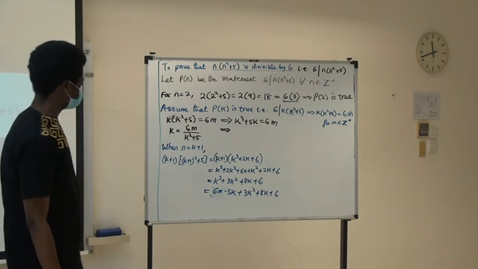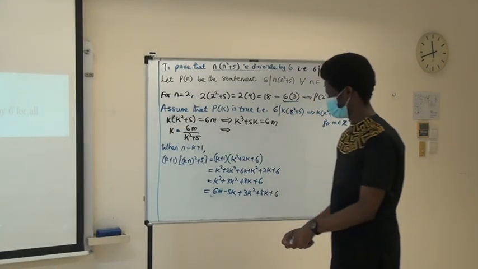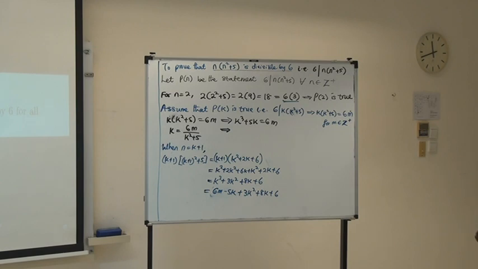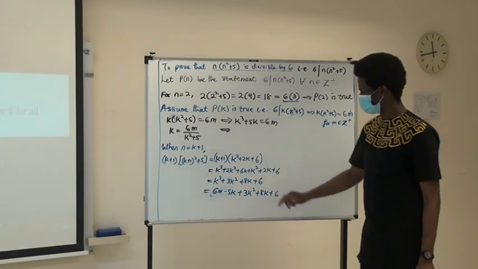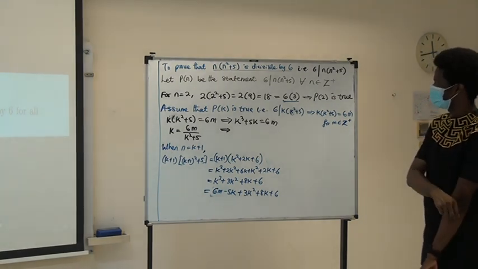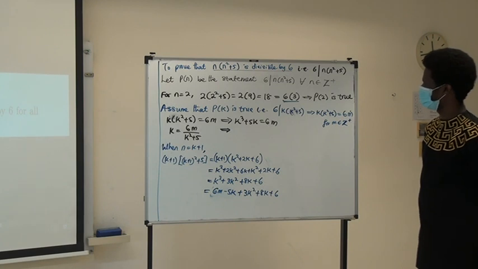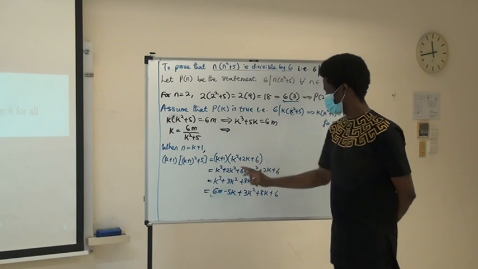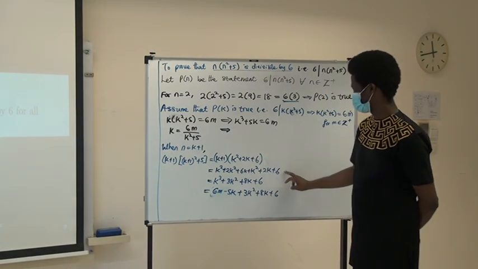So let's see if there's another way to use the inductive hypothesis, because I don't think that will work. Okay, wait a minute. Mr. Daniel, yes. Can we just use different forms of that first equation for different k's? What do you mean? Like, down there, you see k cubed.